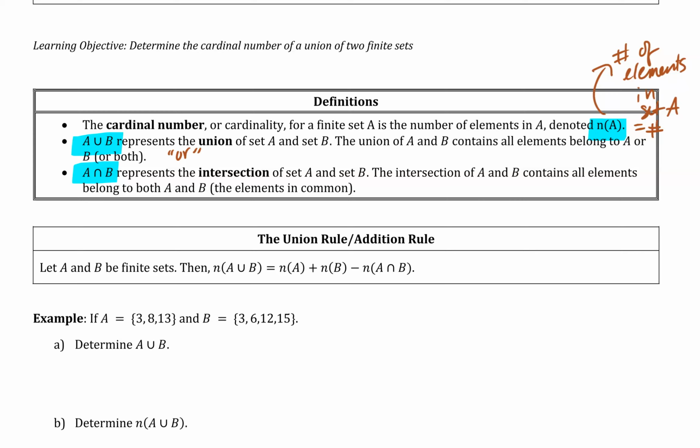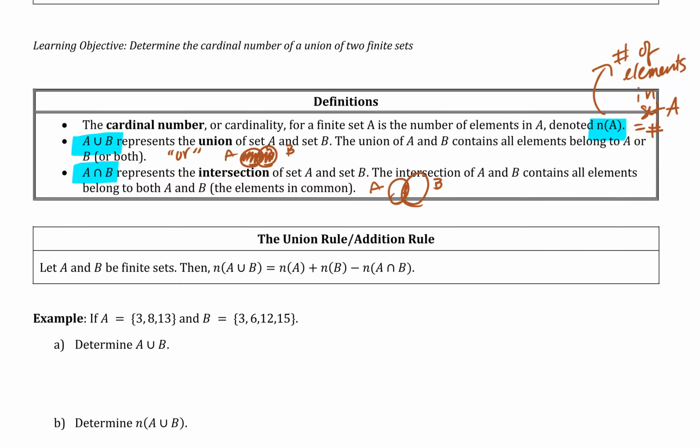So I'll quickly draw this for you. If we have A here and B here, the union of A and B is all of those elements. Whereas if we have A here and B here, the intersection is just those. So that might help you understand which is which.